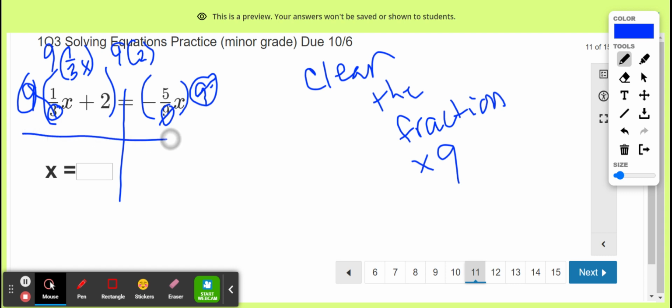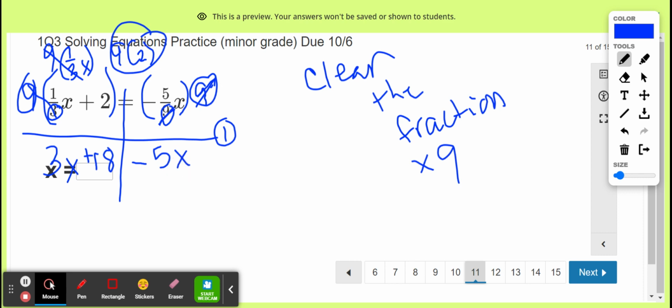And let's move down to step 2. 9 divided by 3 is going to leave us with 3x plus 9 times 2, which will give us 18. So the 9's cancel on the right side, and we're left with negative 5x.